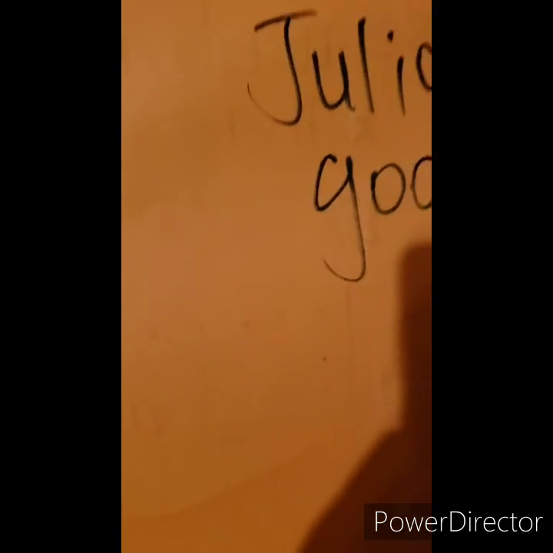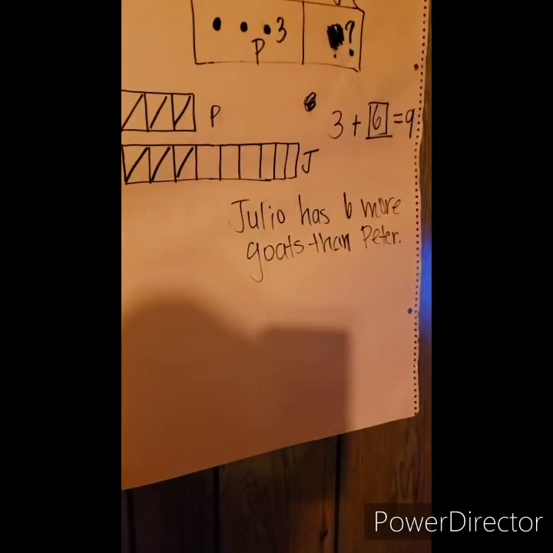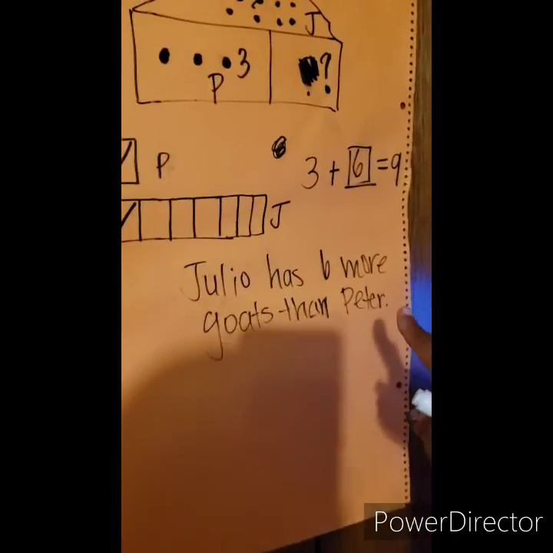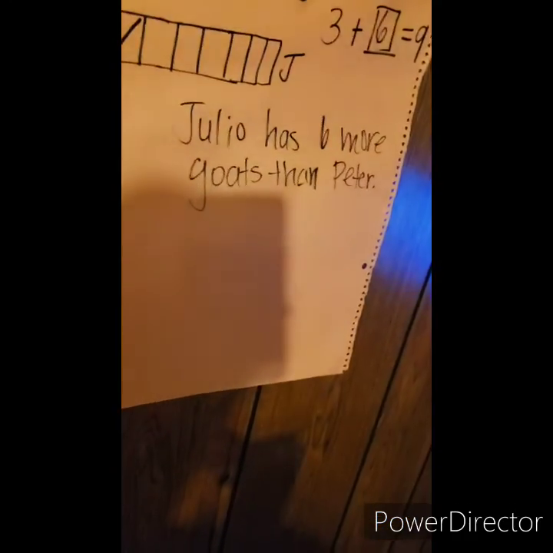So Julio has 6 more goats than Peter. All right, so there we go. So that is my statement as well as my number sentence.